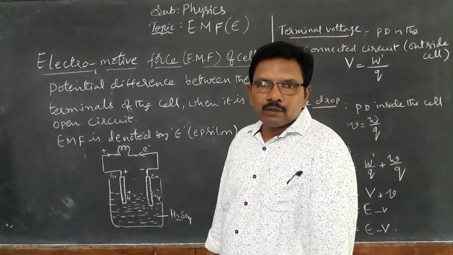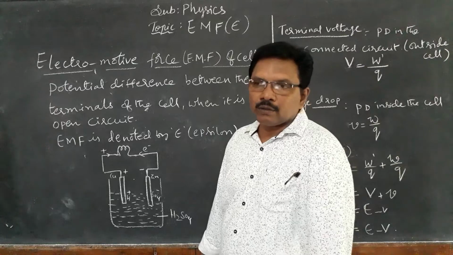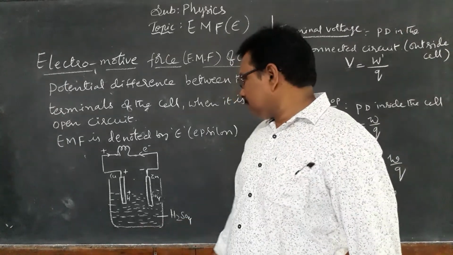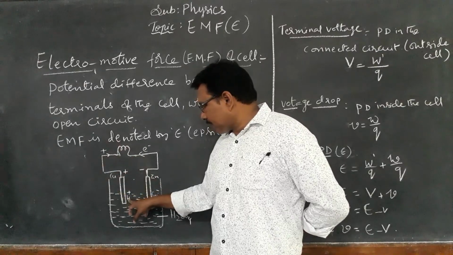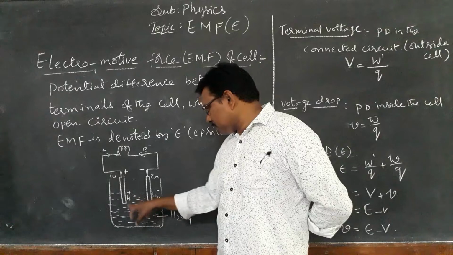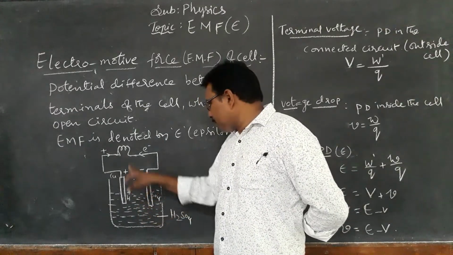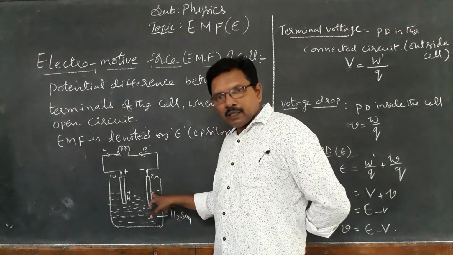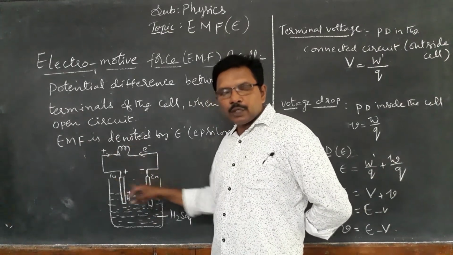The bulb glows when it is connected to the terminals. This is the structure of the cell, and this is the working of the circuit. Now all electrons are attracted by the anode, then again transfer through the electrolyte to zinc, and positive particles come to zinc and again attract electrons. It is a continuous process.